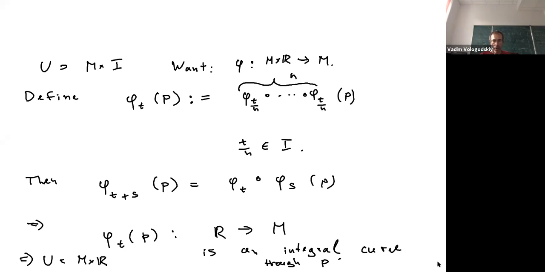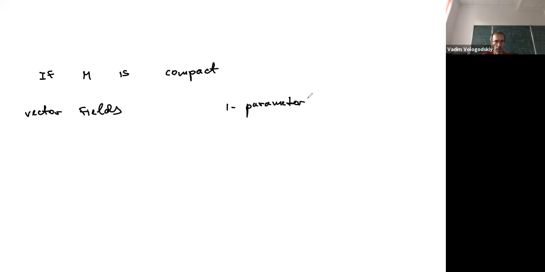So I want to summarize the last part of it by saying that this gives, in the case when M is compact, a one-to-one correspondence between vector fields and one parameter groups of diffeomorphisms.